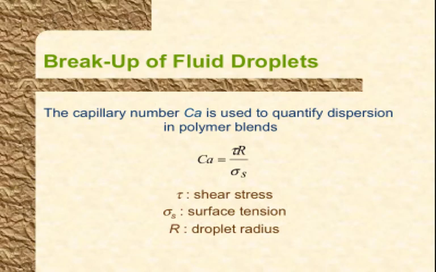We said that in powder processing, we sometimes use a combination of polymers, right? Low viscosity polymers combined with high viscosity polymers. How do they blend? Again, this is a similar idea. You need enough shear to overcome the surface tension of the droplet, and then you can disperse the material.